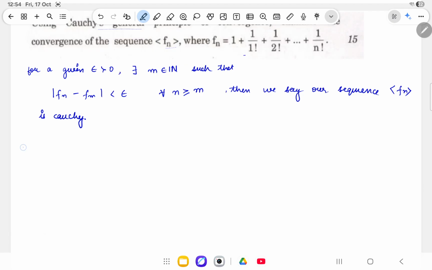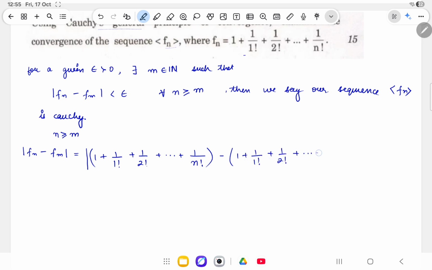So let's calculate Fn minus Fm, and here I am choosing n greater than or equal to m. My Fn minus Fm will be 1 plus 1 by 1 factorial plus 1 by 2 factorial up to 1 by n factorial, minus 1 plus 1 by 1 factorial plus 1 by 2 factorial up to 1 by m factorial.